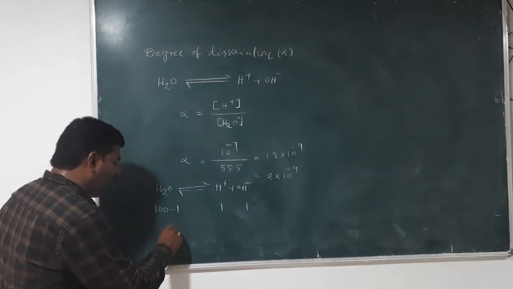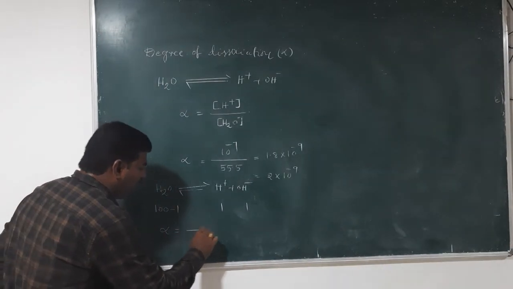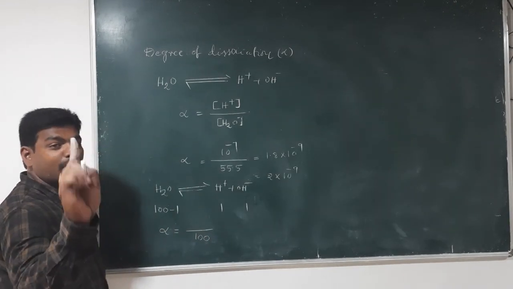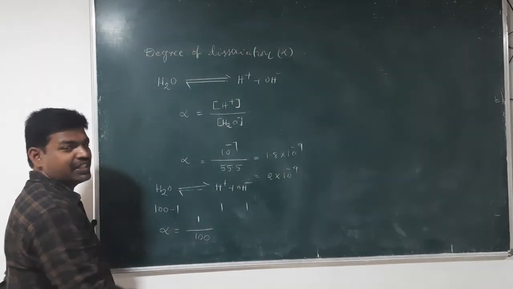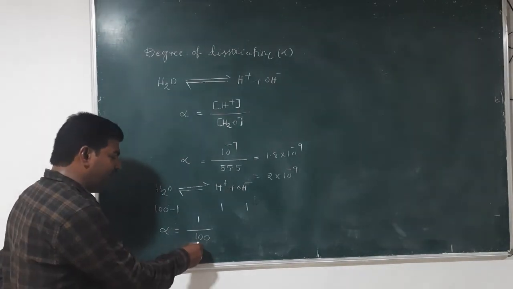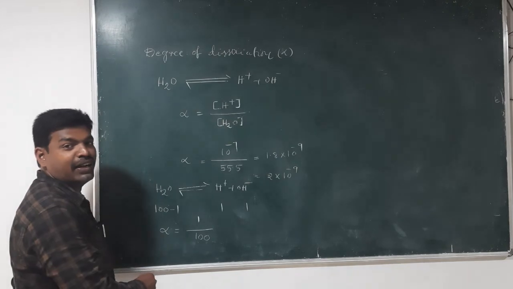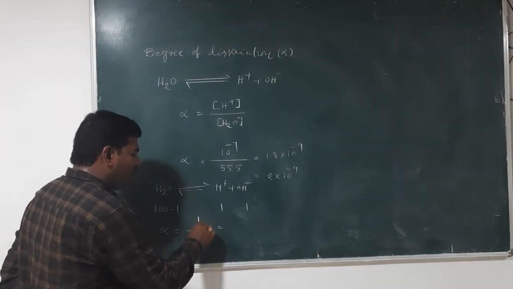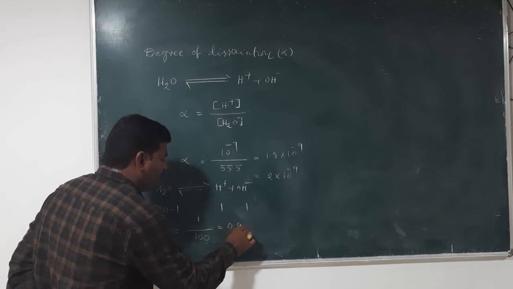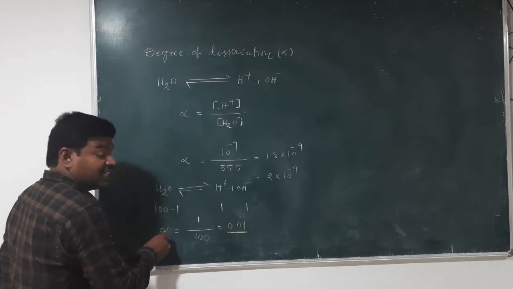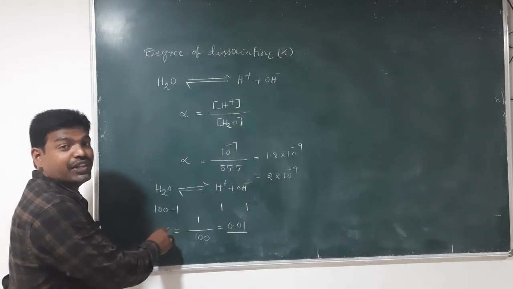Therefore, alpha can be written as: out of 100 molecules, only one molecule undergoes ionization or dissociation. So 1 by 100 means 0.01. So 0.01 is alpha, the degree of dissociation.